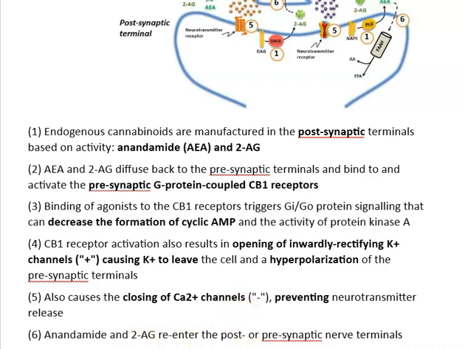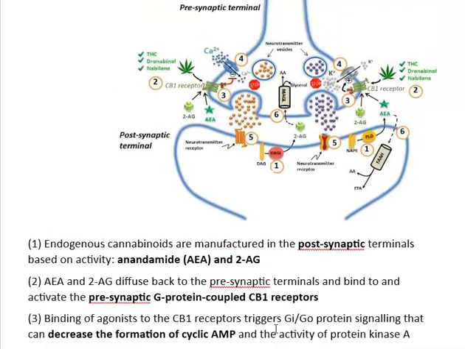The anandamide and 2-AG, those endogenous cannabinoids that naturally bind to the CB1 receptors, are either taken back into the presynaptic or the postsynaptic terminals, so recycled. This whole signaling is automatically going to inhibit most of the neurotransmitter release.